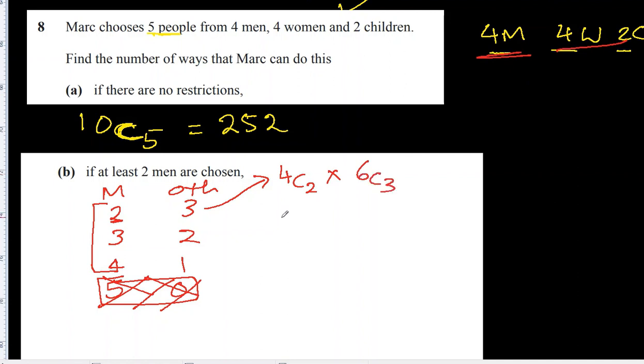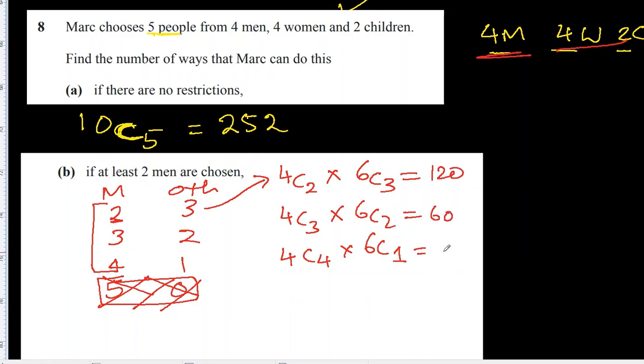And we are selecting 3 out of them. Then we have 4C3 multiplied by 6C2. Then we have 4C4 and 6C1. And let's evaluate them separately, which is 120 here, 60 here, and just 6 here.